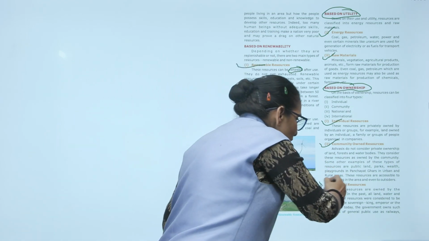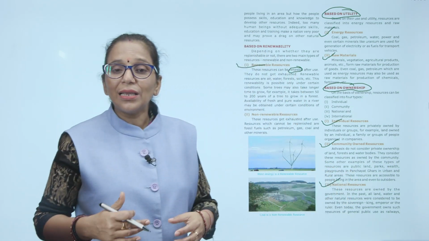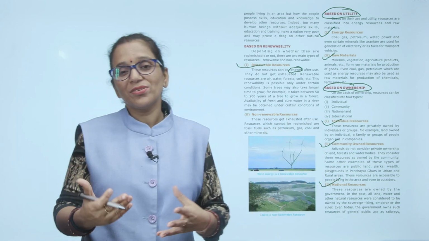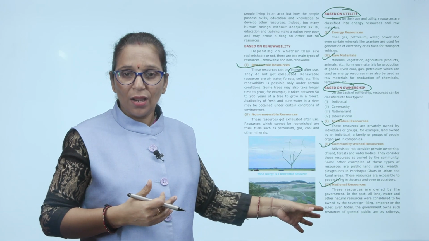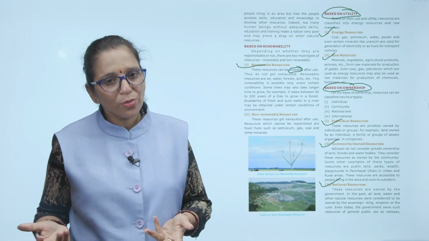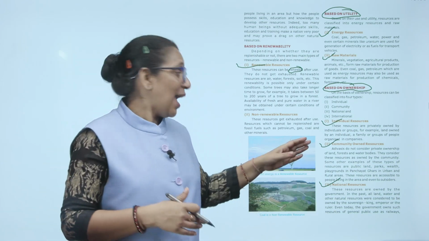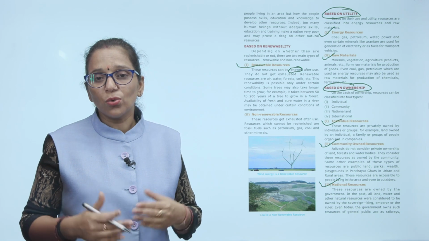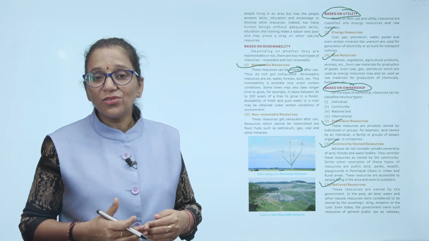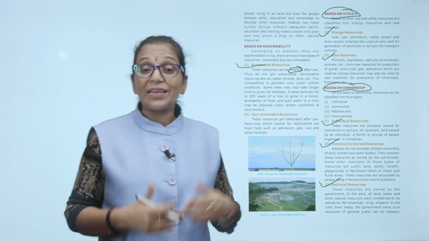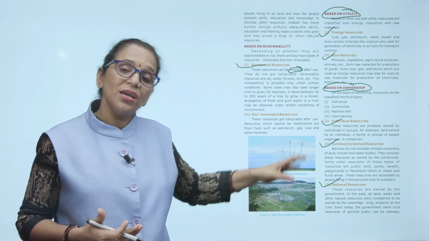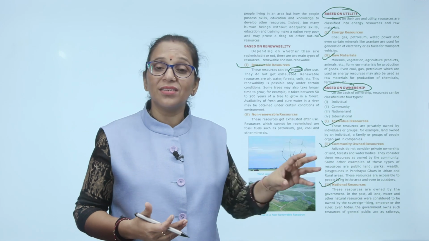Then national resources. Legally or logically, all the resources belong to the nation. But yes, now we have the right to property, so we have purchased them and they are converted into individual or community resources. So what is left in the national resources is your mountains, rivers, mines, railways, etc. That is national resources these days.